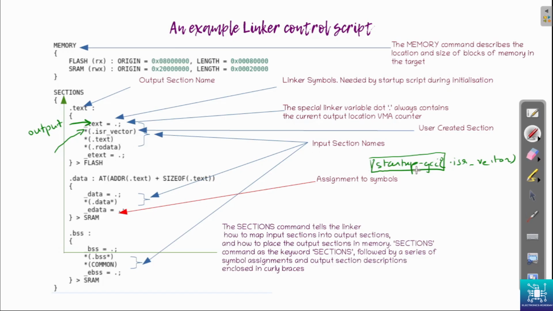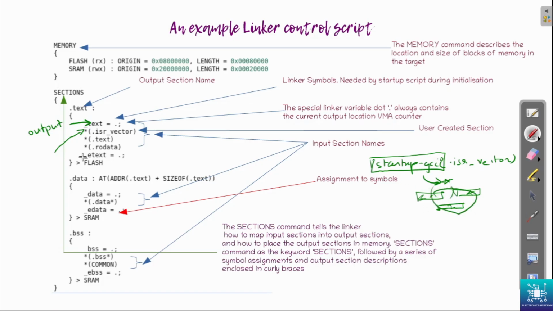Now instead of startup gcc, the star means, so remember we had put in 3 file names, right? Build example main.c, core initialization xxx.c, and then startup gcc.c, and we also moved the order of these files around.